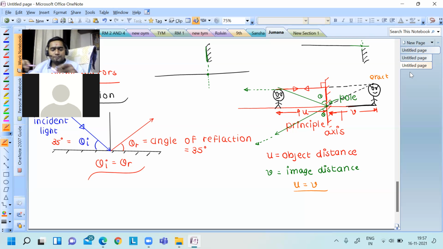Now, always remember that if any image is erect, then it's always a virtual image. Erect images are always virtual.